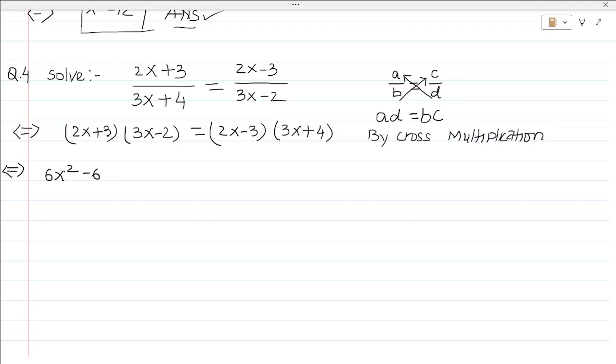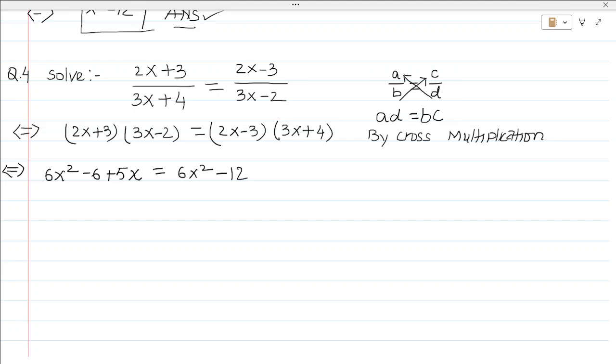We are left with plus 3 and 2, so it will become plus 5x. This is equal to, first into first, 6x square, last into last, minus 4 3s are 12.